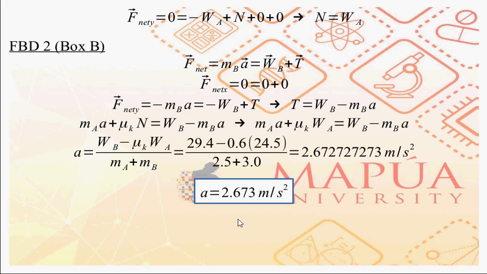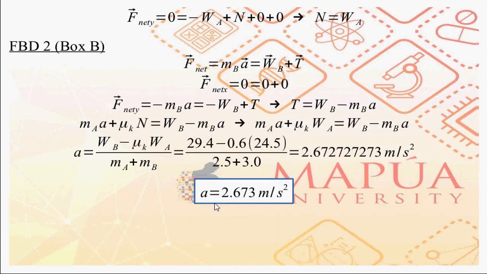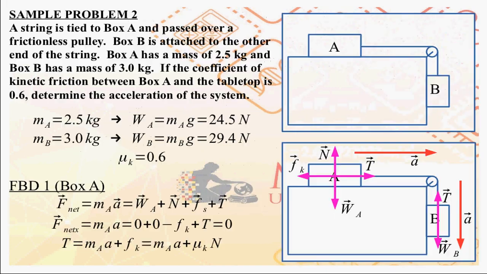Now, our derivation has resulted in positive acceleration, which means the assumption that we made for the direction of the acceleration was correct. If this turned out to be negative, say negative 2.673, that would mean the direction we assumed was wrong.